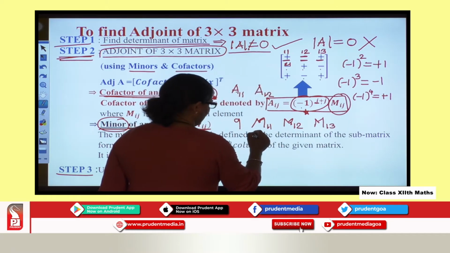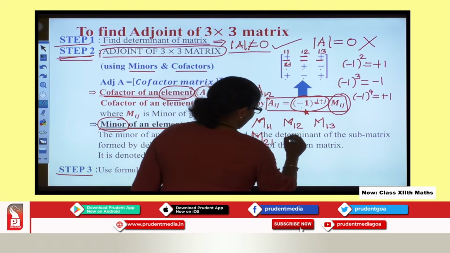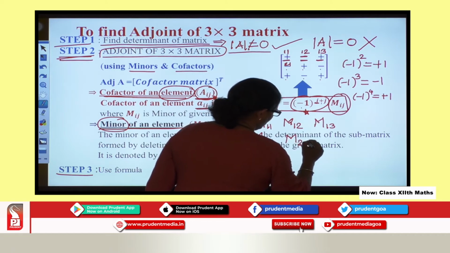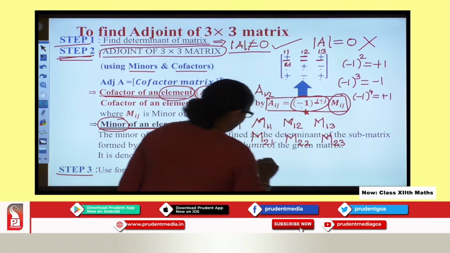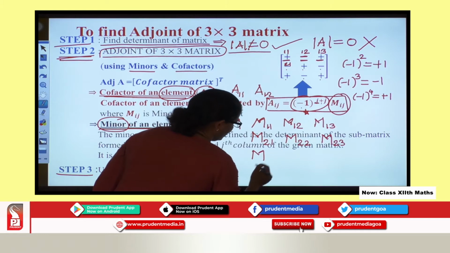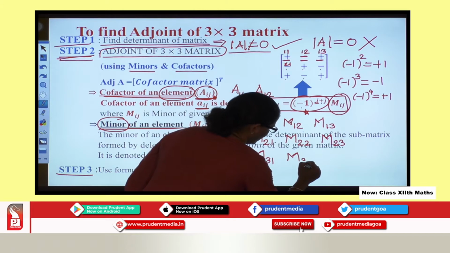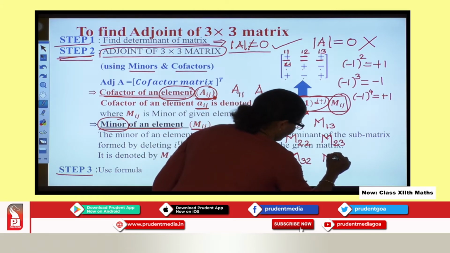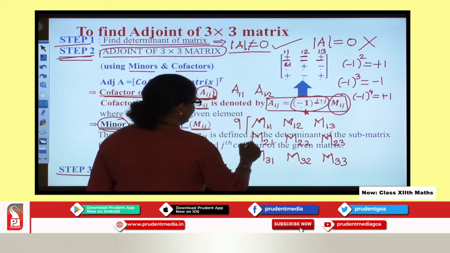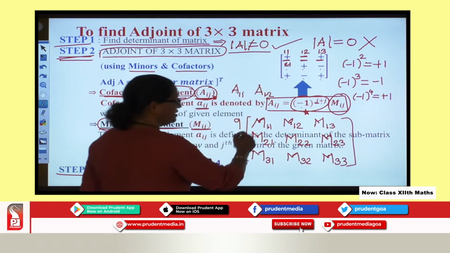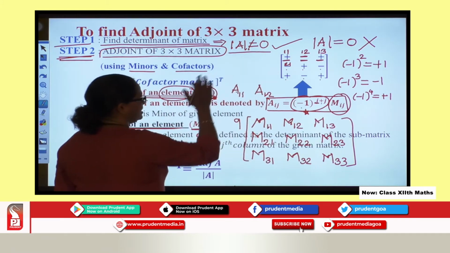Then I will go for the second row, that is M21, M22, M23. Then the third row, that is M31, M32, M33. So you can see altogether you get 9 minors, one for each element present in the given matrix.